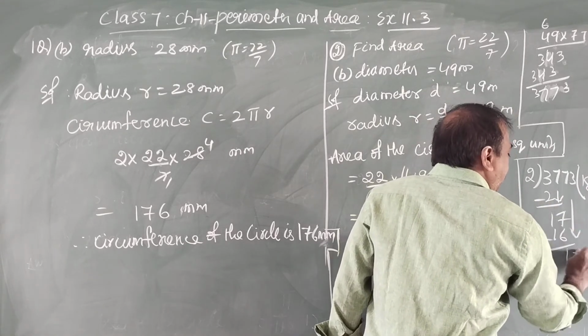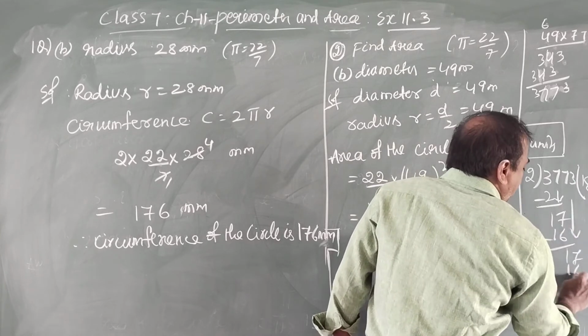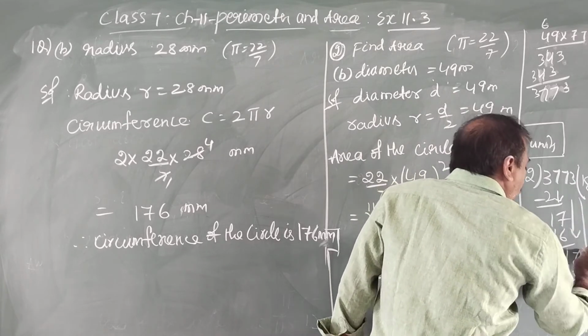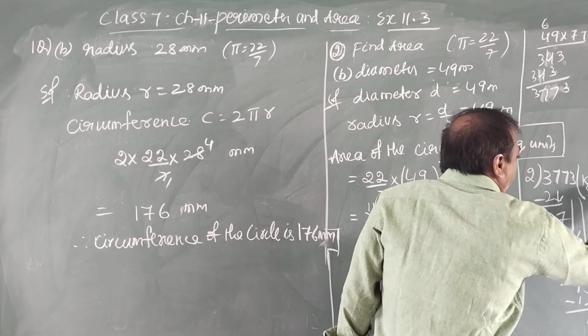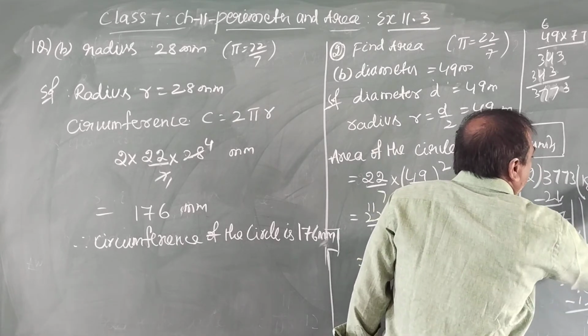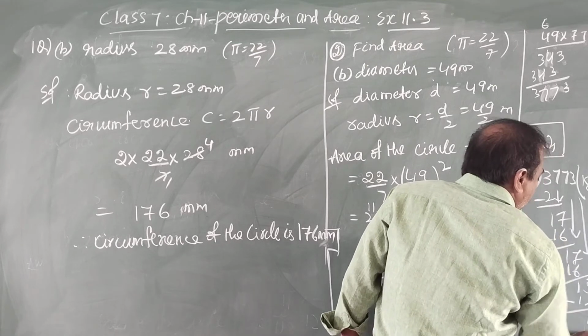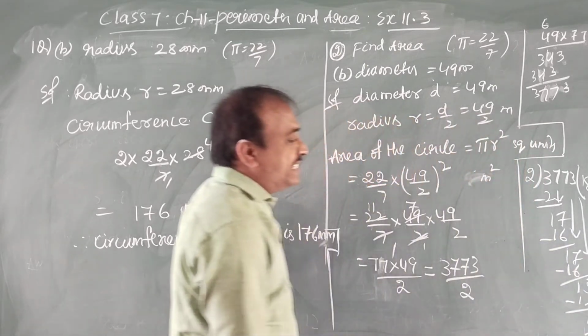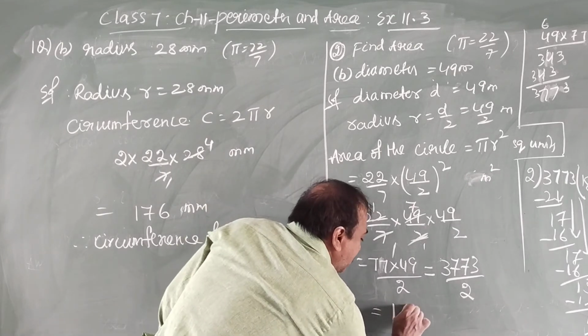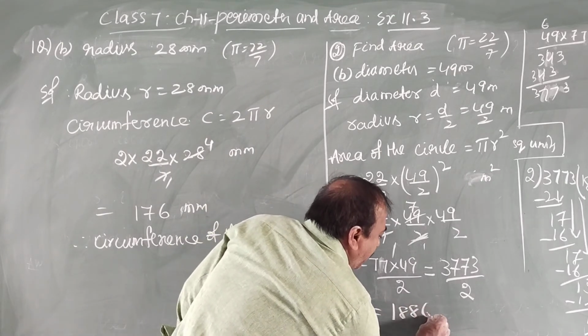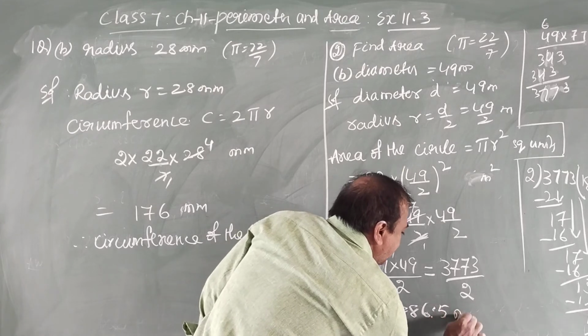Bring down 7, then 2 6s are 12, then 1, put the decimal point and 0, 2 5s are 10. So we get 1886.5 meters square.